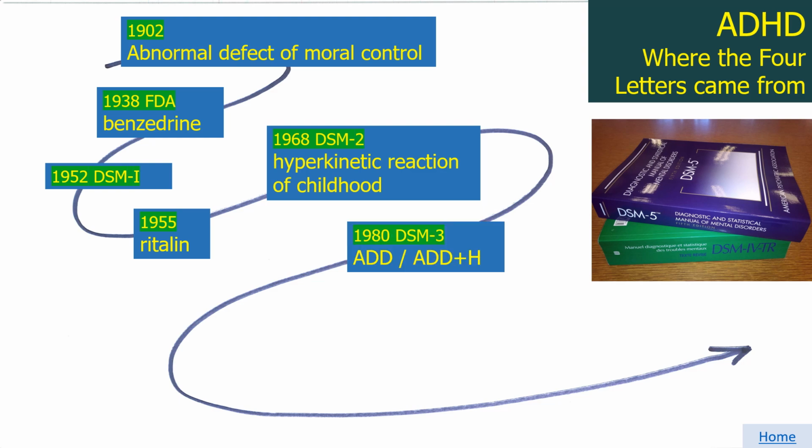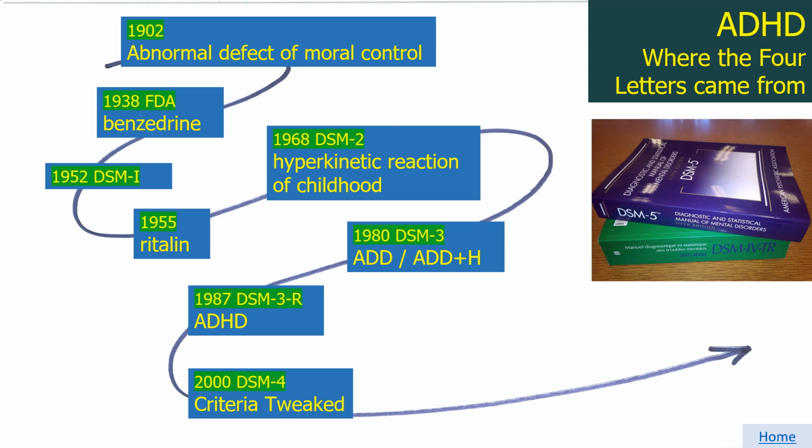Moving on, 1980, the first time the letters appeared. ADD, attention deficit disorder, and ADD plus H. The H being hyperactivity, and that's DSM, the manual number 3, edition 3. There is a revision, 1987, when ADHD first was written up in this book.